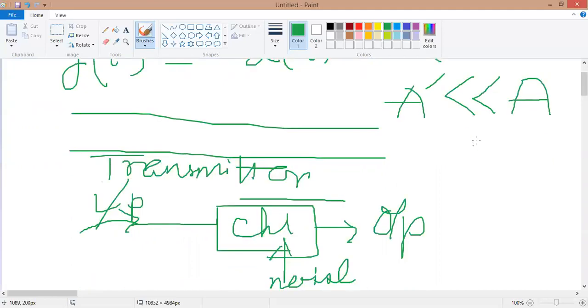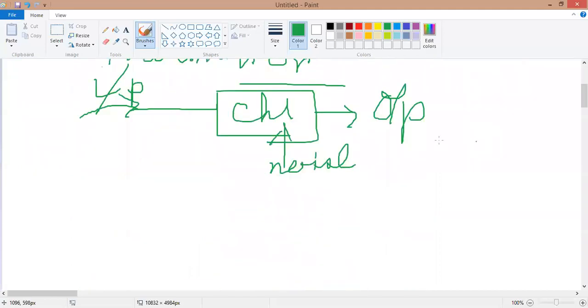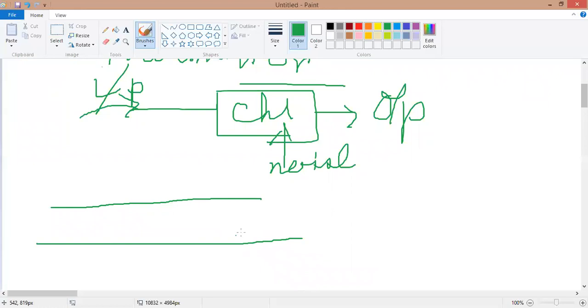But for certain assumption purposes, we will consider a special case of noise, where some noise may be uniform over a certain band, and that is known as uniformity, and that is known as white noise.